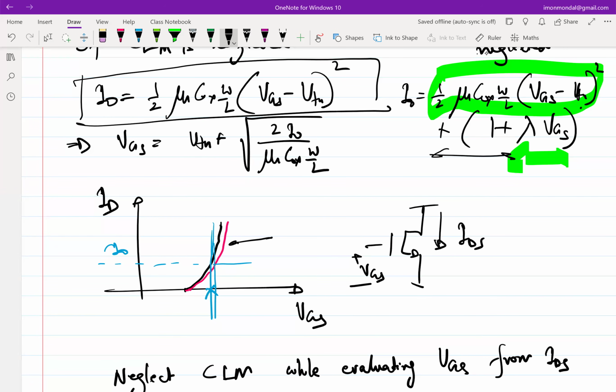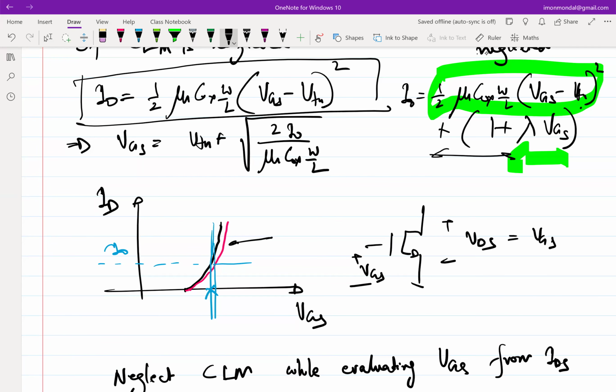But in this case, that assumption is not valid, because inherently, without explicitly mentioning it, I assumed that when we are changing this VGS, this VDS somehow is equal to VGS.